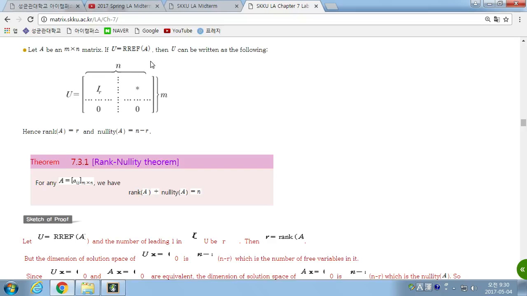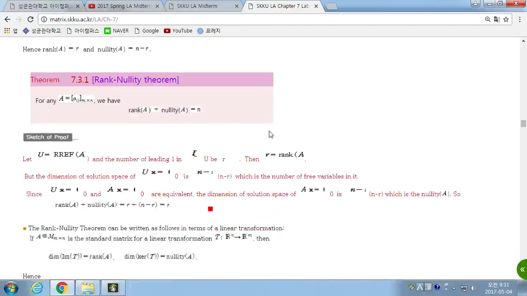And what do you have? You have how many free variables in the solution space or null space in here? You have R leading ones. Then you have n minus R free variables, which gives you the dimension of the null space, the dimension of the solution space of Ax equals 0, which is n minus R. So if you add R plus n minus R, it should be the number of columns, n.